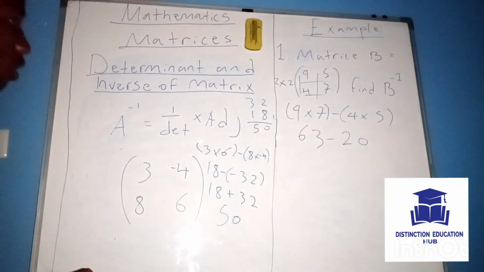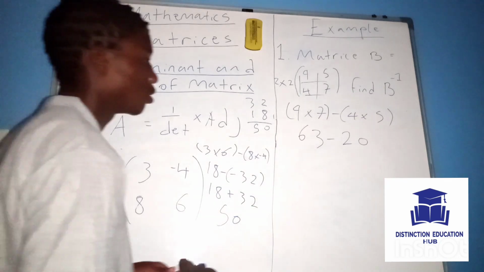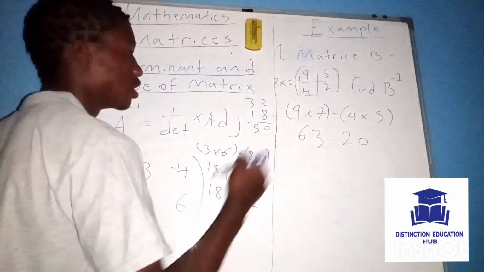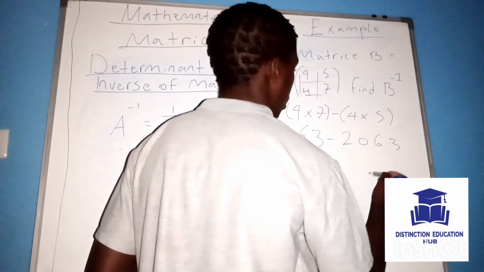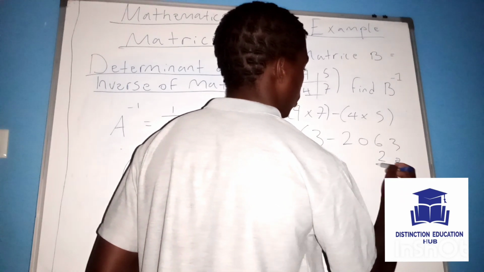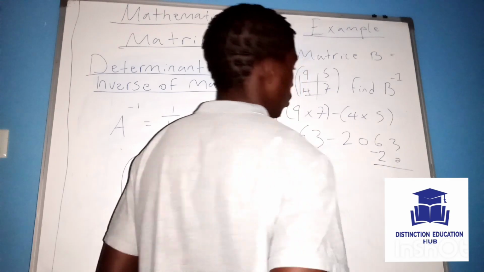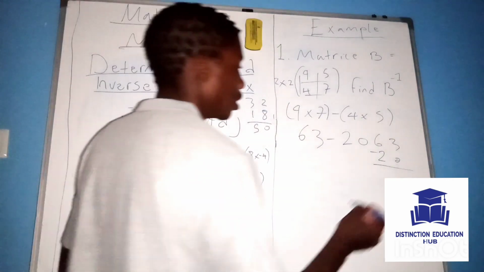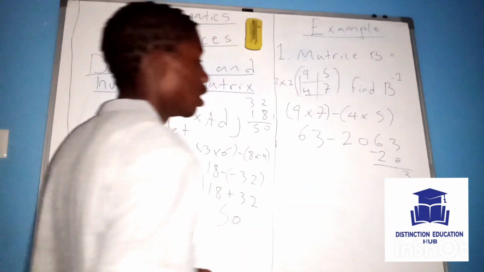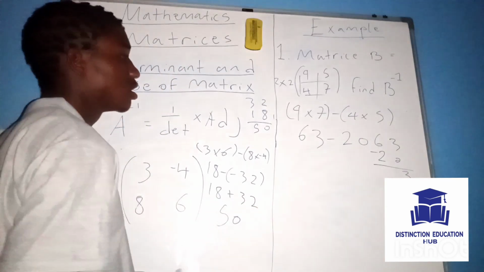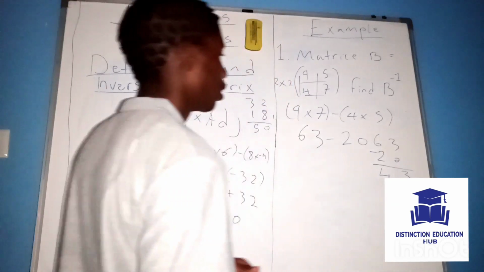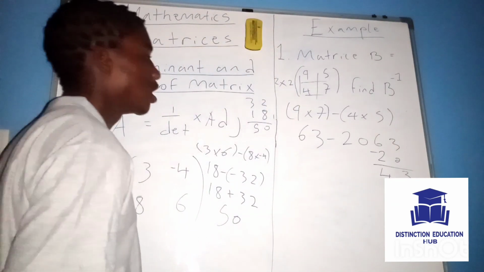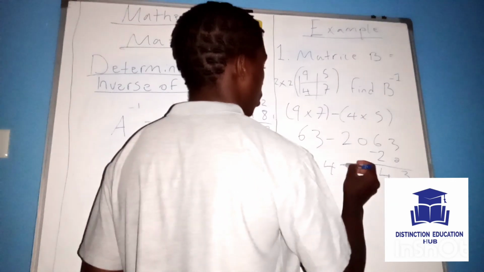Then you subtract now: 63 minus 20. 13 minus 0... 3 minus 0, you get 3, and 6 minus 2 you get 4. Therefore, your determinant is 43.